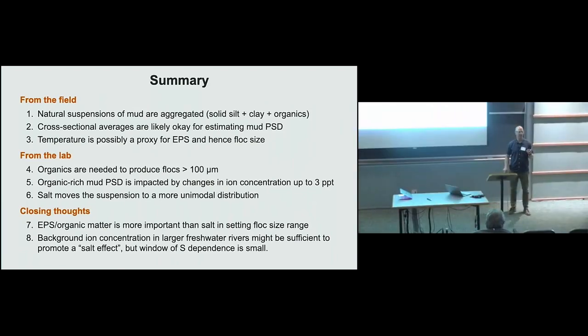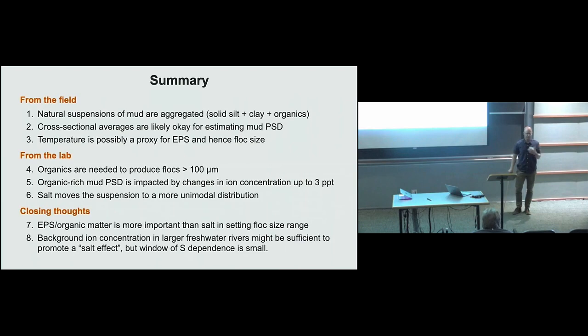initially we set out and we were kind of naive and we were trying to measure dissolved organic carbon without any differentiation of what type of organic it was and doing loss on ignition. And those are kind of meaningless. So extracting EPS is quite hard. We've tried a few times using some methods.